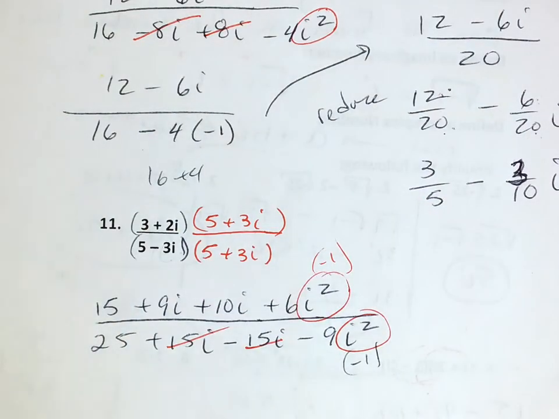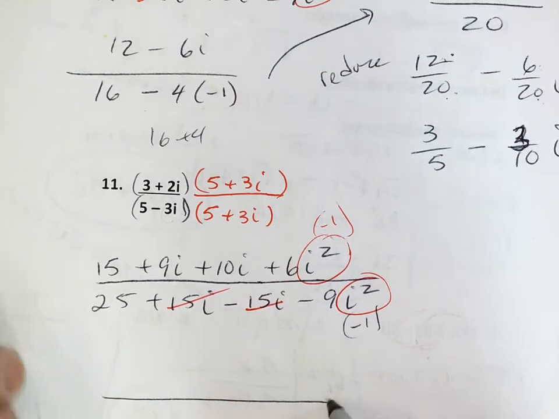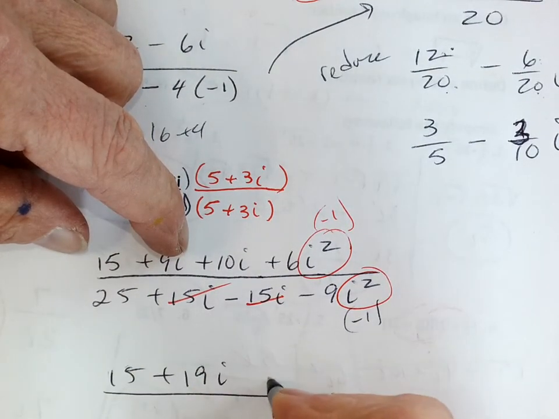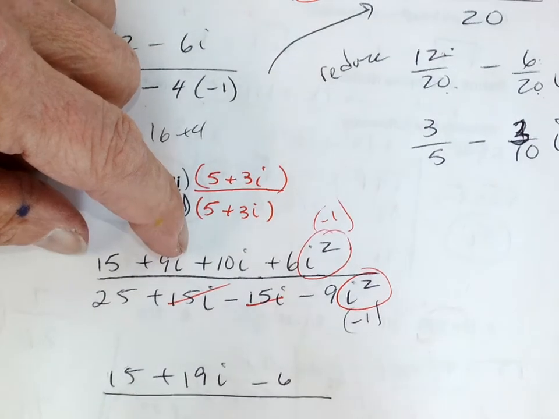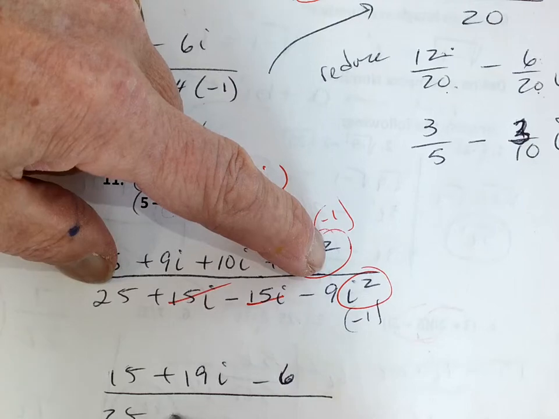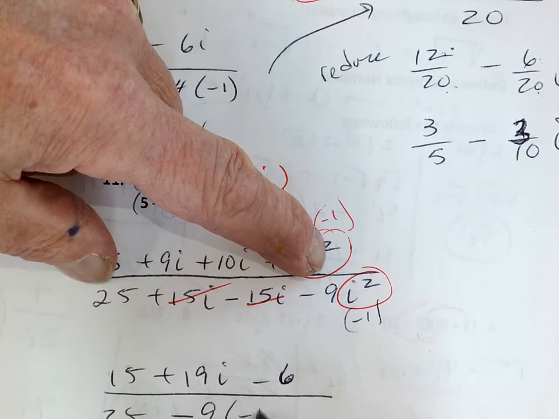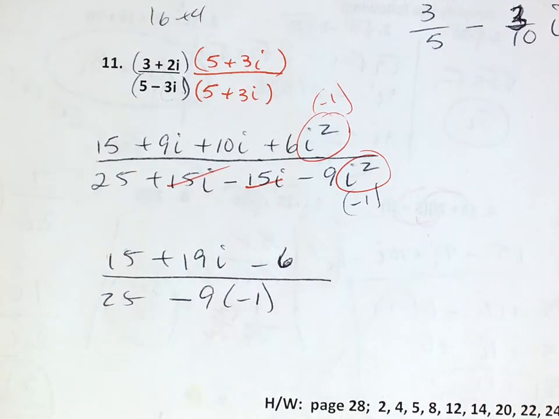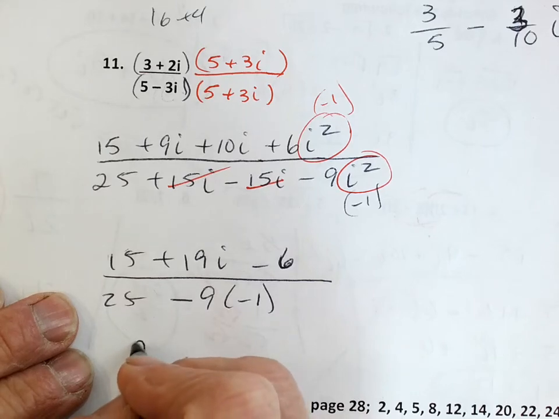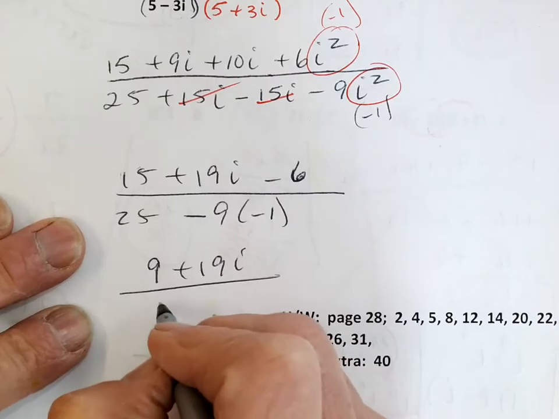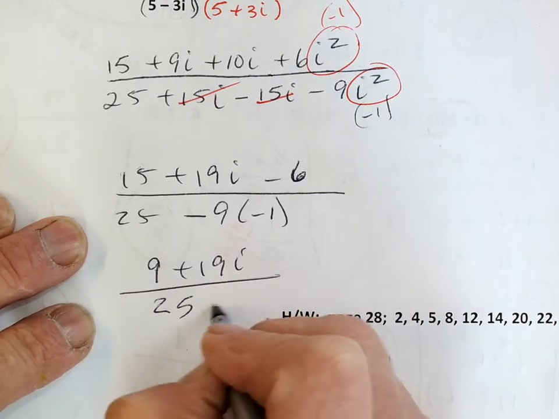So let's see what kind of mess I have. All right, I'm going to have 15 plus 19i minus 6 over 25 minus 9 times a negative 1. Spencer, there's your plus 9, right? Okay, this is going to be 9 plus 19i over 25 plus 9.